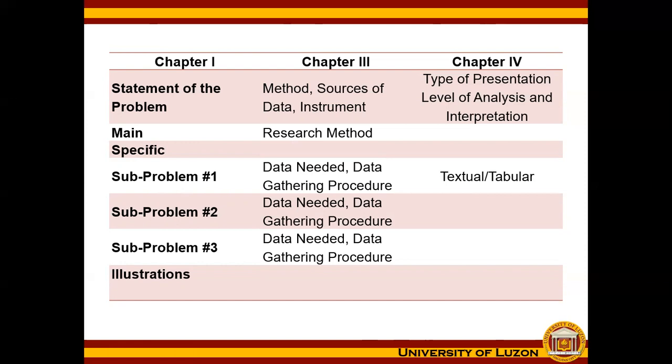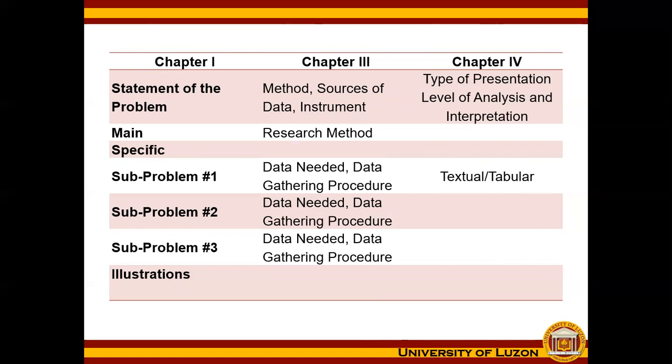Now, in the third chapter, particularly in the data gathering procedure and analysis, you will need to identify how subproblems one, two, and three will be analyzed and interpreted. Okay, so that's part of chapter three. So you will need to specify what are the data needed for each, the data gathering procedure, and of course data analysis and interpretation.